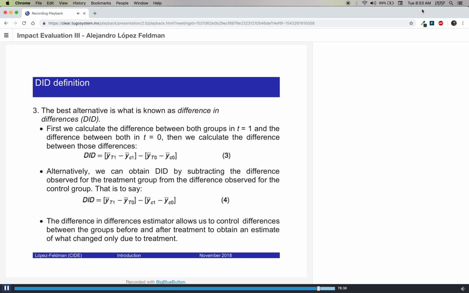So what do we do? We have the difference between both groups in year 0 and the difference between both groups in year 1. And then we calculate the difference. So we are going to subtract this. I am analyzing how different the groups were in year 0 and in year 1. And this is what we know as difference in differences.